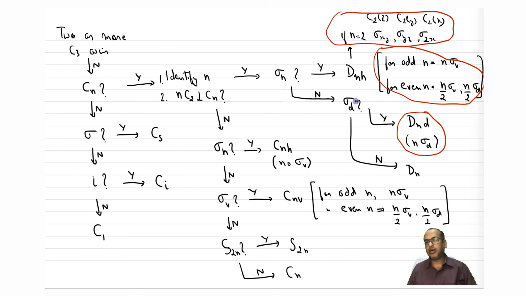Again, it does not matter how you classify, but it will be called sigma d because there are n C2s perpendicular to Cn. That's why it is called sigma d. Because this is a dihedral condition, there is a sigma d present.